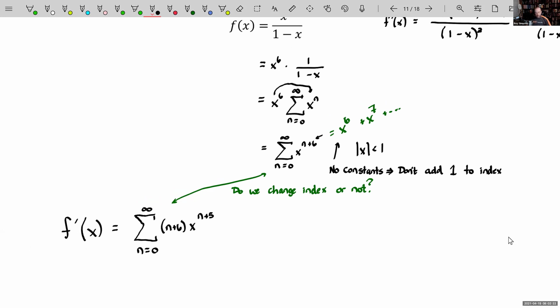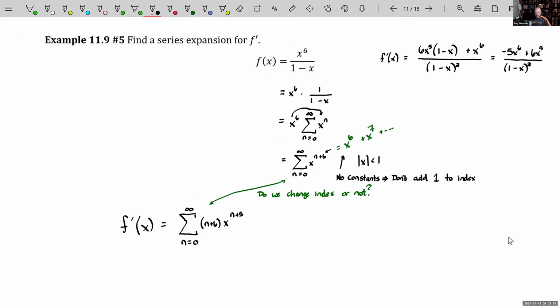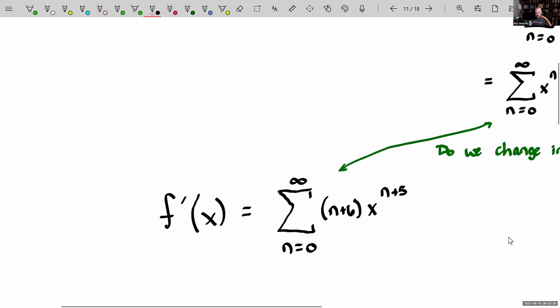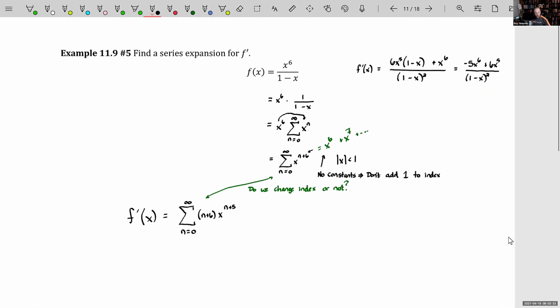And by the way, little end note here, that is the series expansion for f prime, and we know what f is as a function, so we know that this is the power series expansion for (negative 5x to the 6th plus 6x to the 5th) over (1 minus x) squared. It's a bit of a mess.